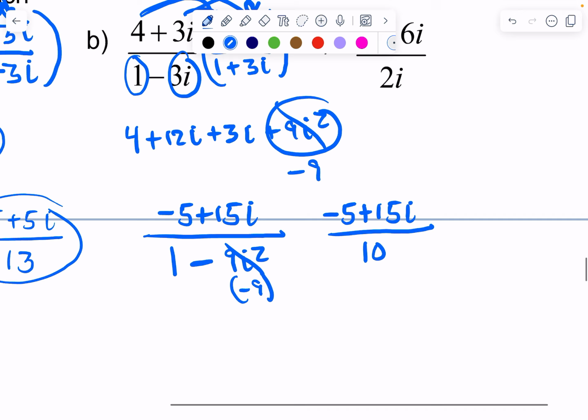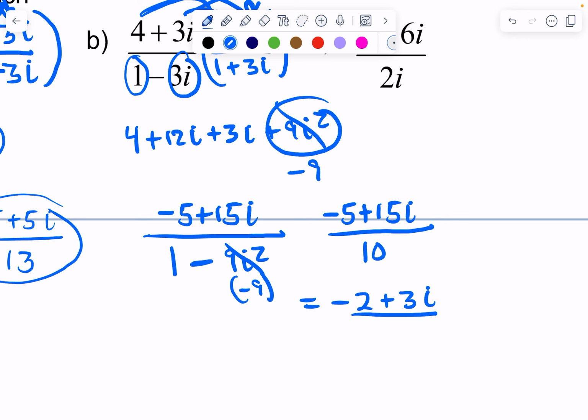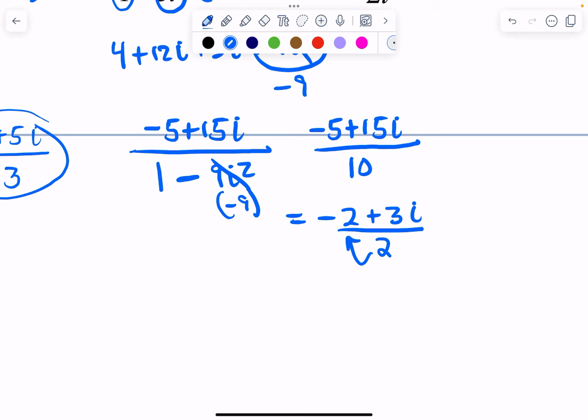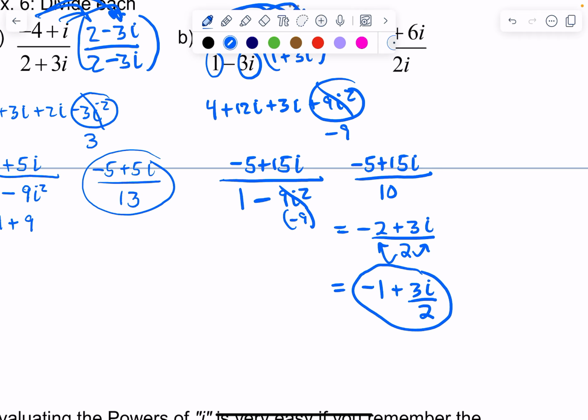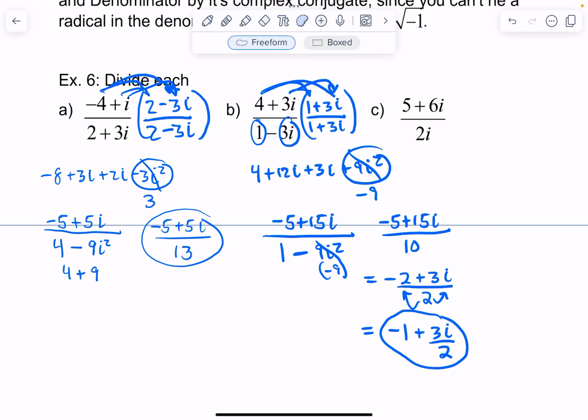I can go ahead and take a 5 away from everything, giving me negative 1 plus 3i over 2. Bam! And that's the real simplified version of that.